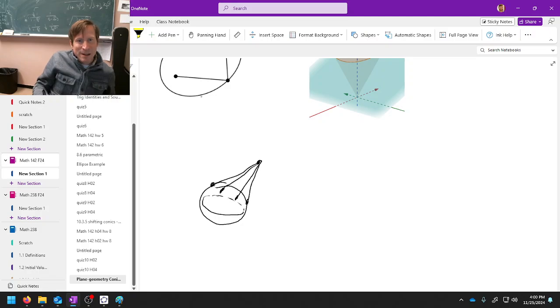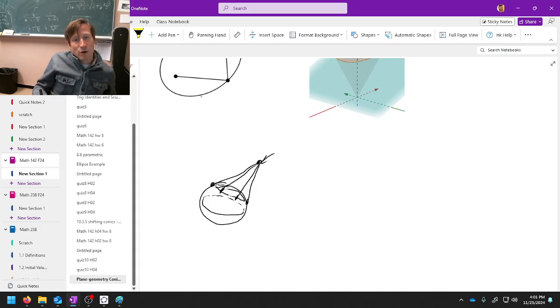Here's another one. It turns out all of these form a circle around the sphere. That's not the important part. But the important part is that all of these are the same distance from the point not on the sphere.